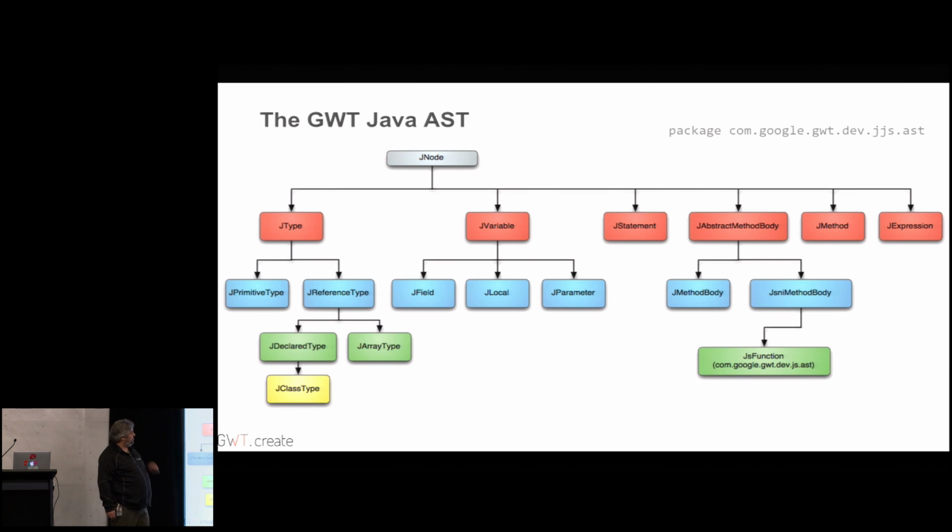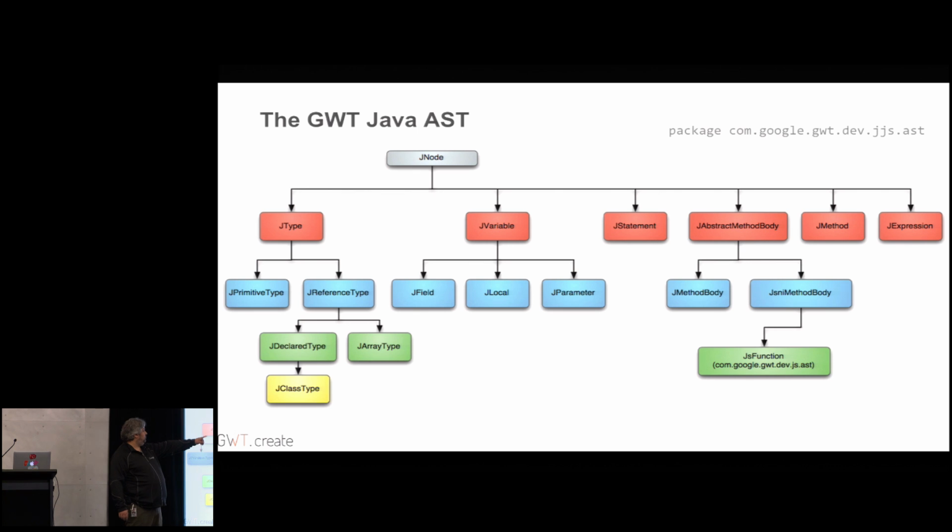The body of the method, we have two types of body. There's the normal Java one, the ones you wrote in Java. It's a method body, with a block and a list of statements in the block. And the JsniMethodBody, which is JavaScript code that you wrote in your Java class as a native method. In the JsniMethodBody there will be an instance pointing to a JavaScript AST.